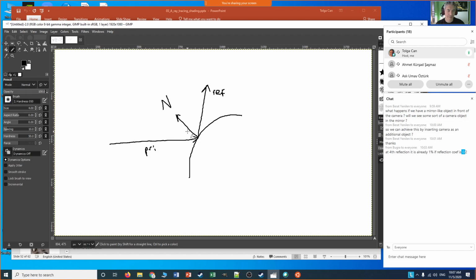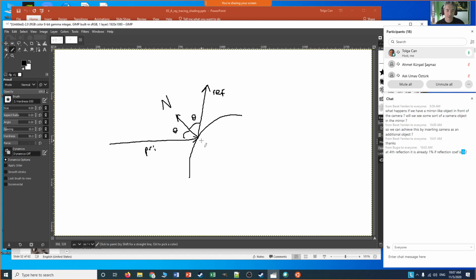The formula is already on the slide, but let's look at the derivation of that formula. If we call this angle theta, the perfect reflection ray should have the angle of incidence equal to the angle of reflection.